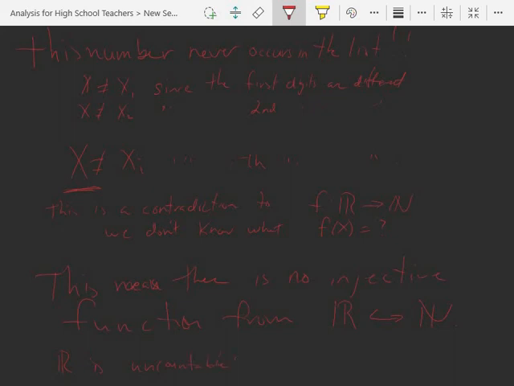So, different sizes of infinity exist. In fact, there are bigger than uncountable infinities. If you take the set of all sets of real numbers, that's bigger than the uncountable infinity. There's an infinite number of infinities, each one larger than the last one.